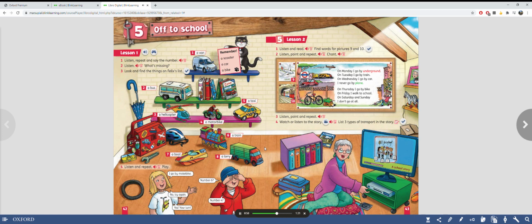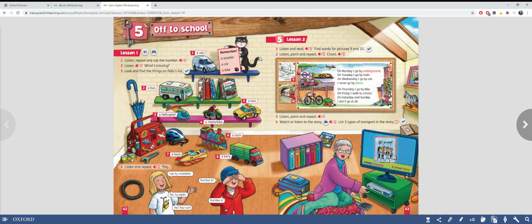What's missing? A taxi. 3, a van, a motorbike, a bus, a taxi, a helicopter, a boat, a lorry. What's missing? A train.